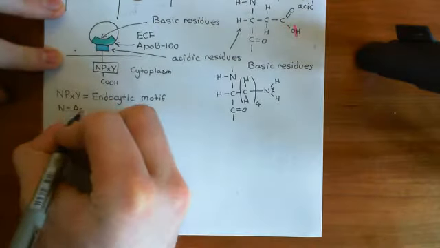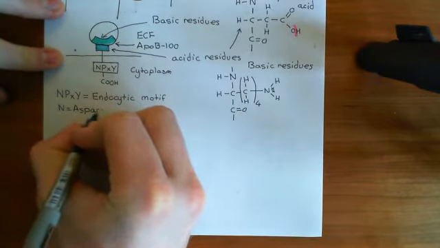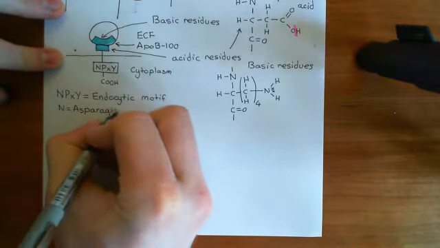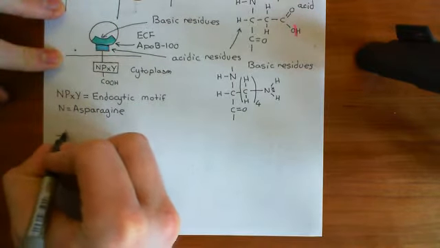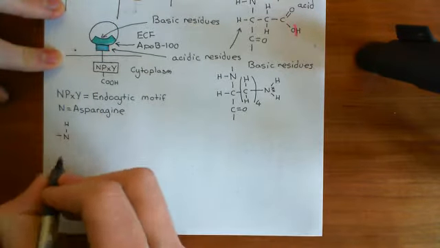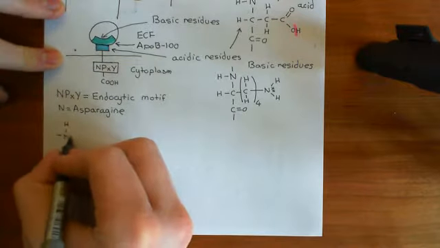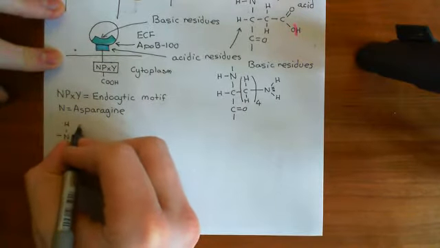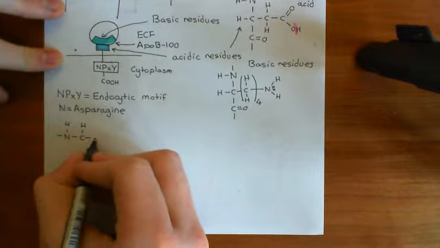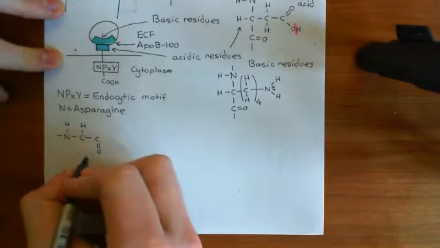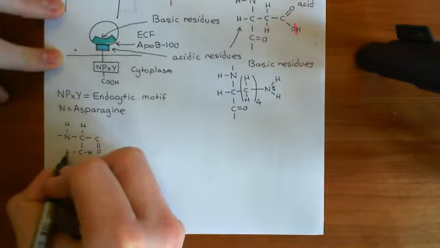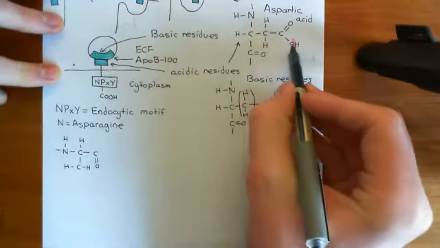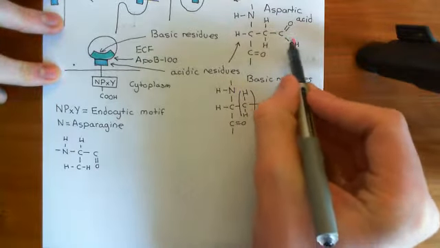So the first amino acid within this endocytic motif is going to be an asparagine residue. So let me show you the structure of an asparagine residue. Again, I'll draw it as though it's within a protein. So here's the amino group, here is the alpha carbon, here is the carboxylic acid group, and the R group of asparagine basically consists of aspartic acid, which we've just seen up here, with a primary amide group.